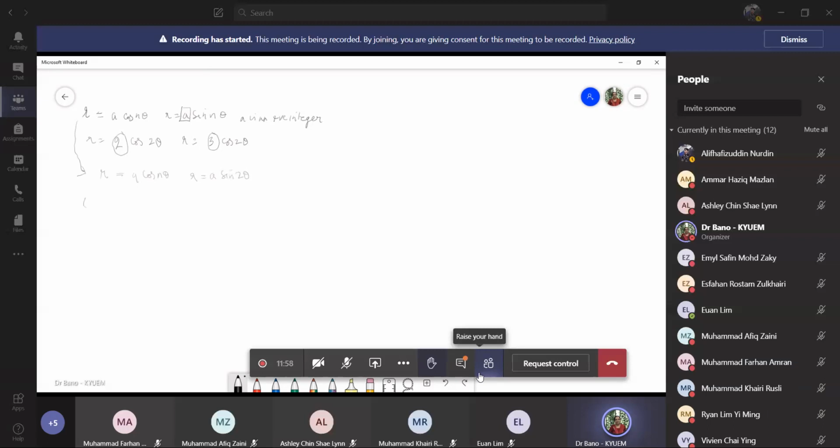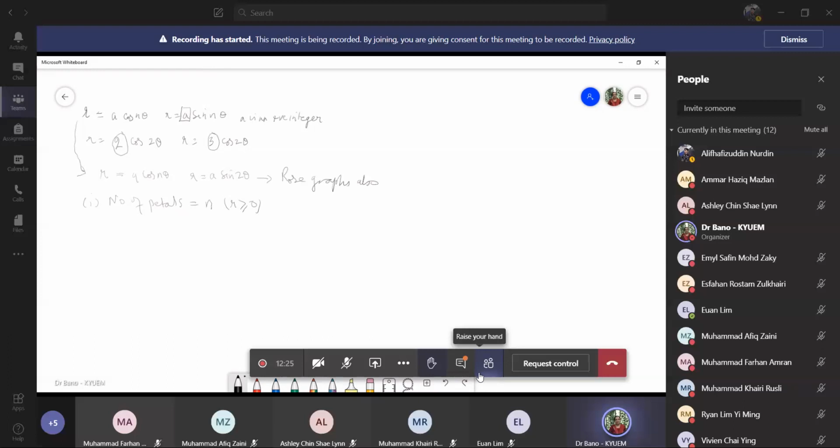So the first one is the number of petals. Now these graphs are also called rose graphs.